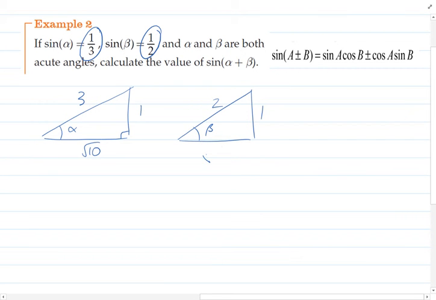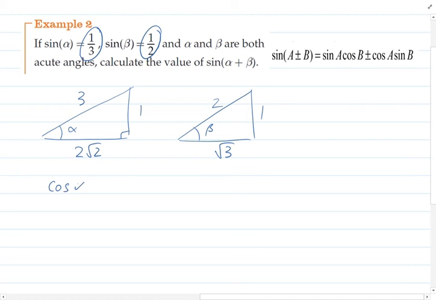And for our beta angle, in this right angle triangle, we've got 2 and 1, and so this is going to be the square root of 2 squared minus 1 squared, so that will be root 3. Root 8 of course is 2 root 2. Now because we've got this cos part in here, we'll have to work out cos for each of these.